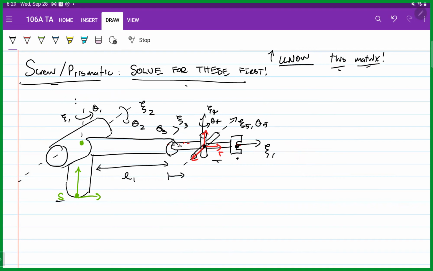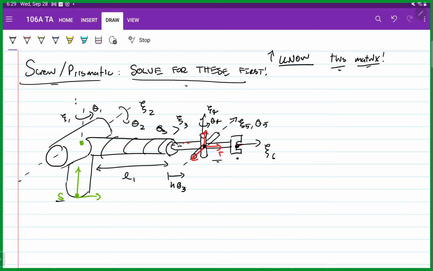That's I6. Let me just redraw these threads here. If we see a squiggle, we'll know what you mean. All right, cool. So this is this distance h theta 3 that we're translating.